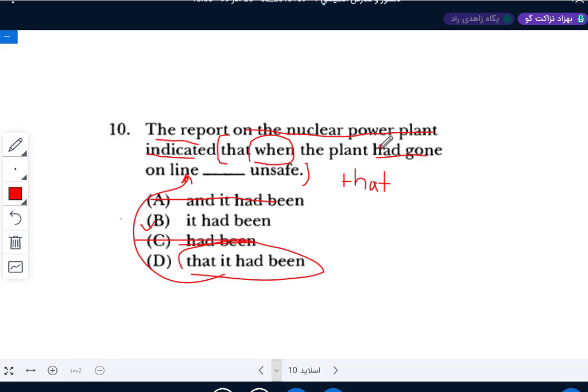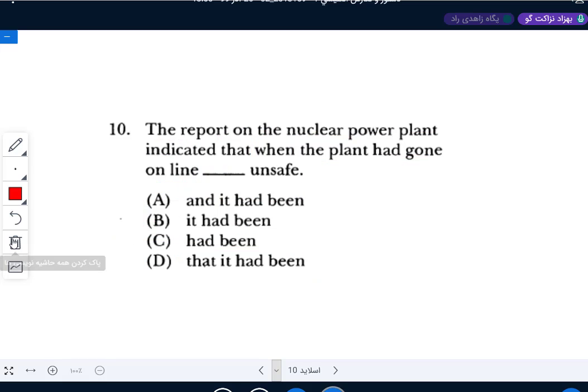So where is the main clause? When the plant had gone online is a subordinate clause. Immediately after that, I need subject and verb without any connector. So it had been unsafe. So this is my main clause.